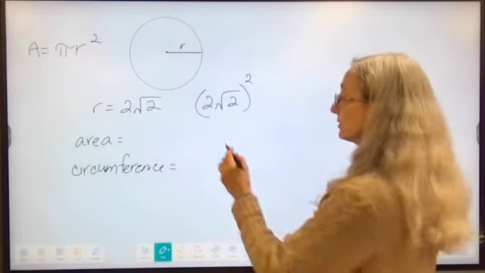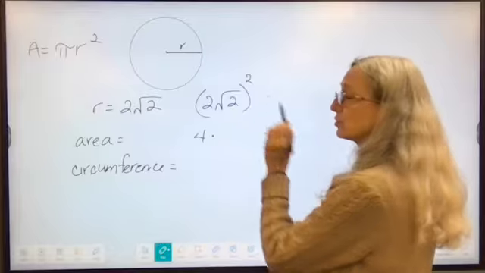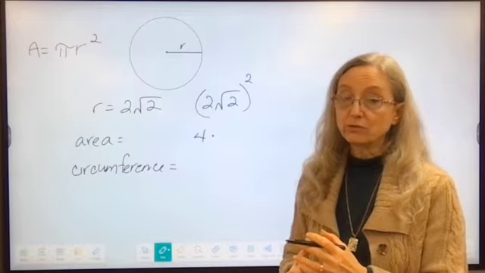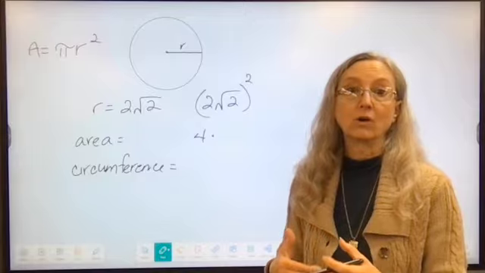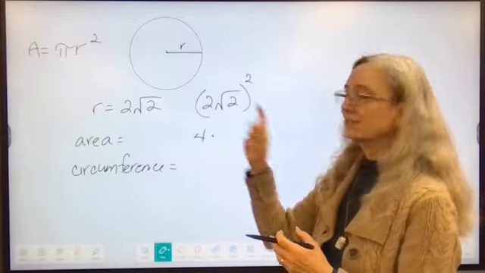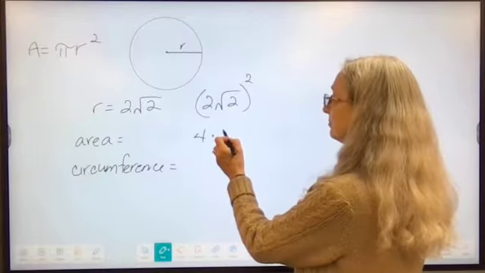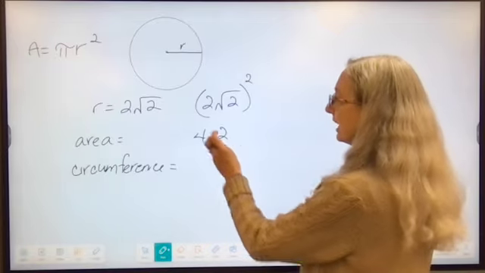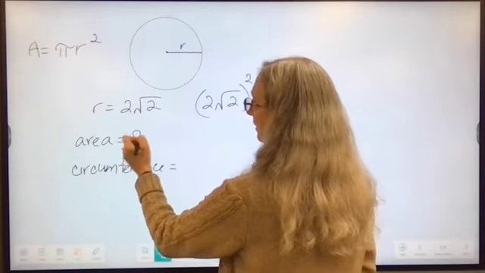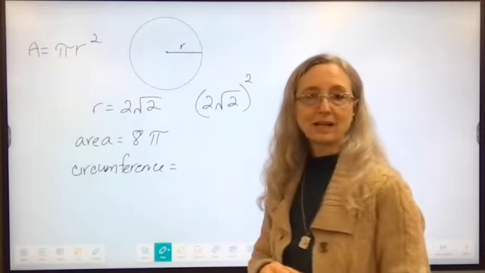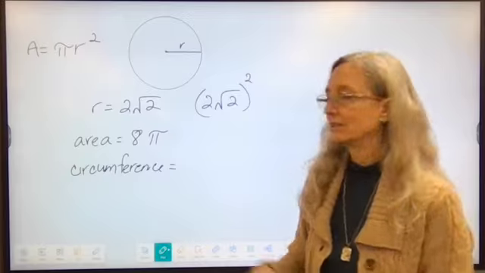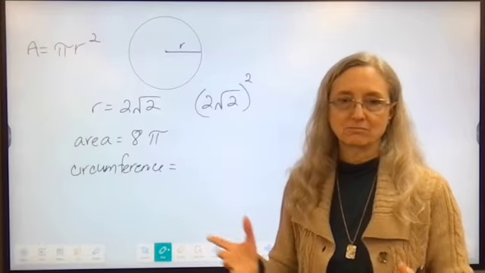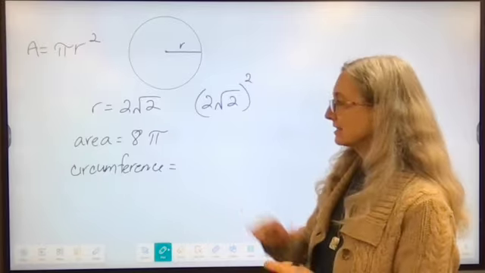So 2 squared is 4, and the square root of 2 times the square root of 2 is the square root of 4, or 2. The square undoes the square root, so that ends up being 4 times 2, or 8. So our answer for the area would be 8 times pi, whatever your calculator tells you that is to the nearest hundredth or so. That's the area.